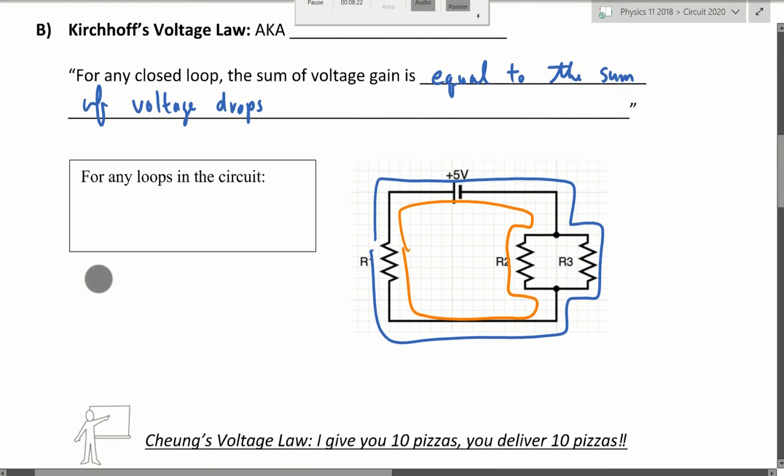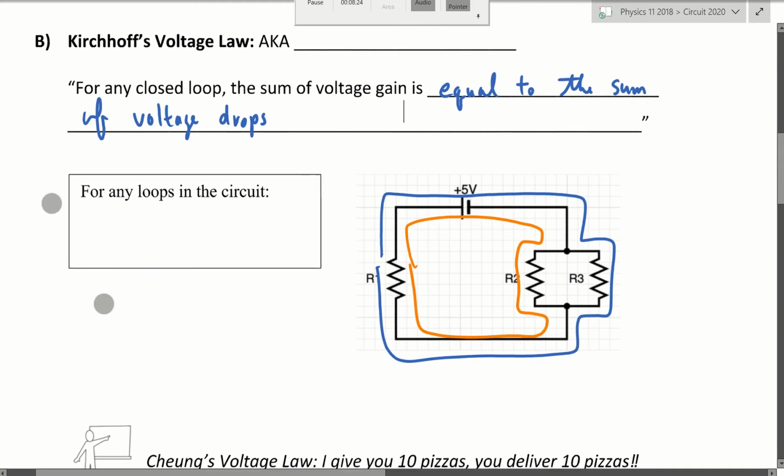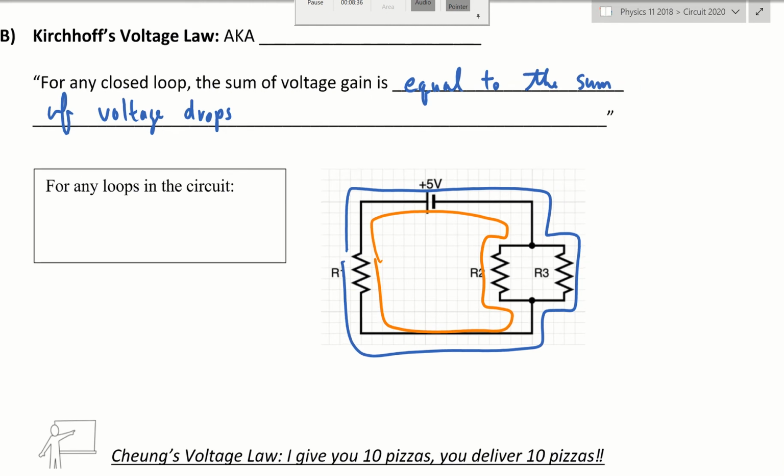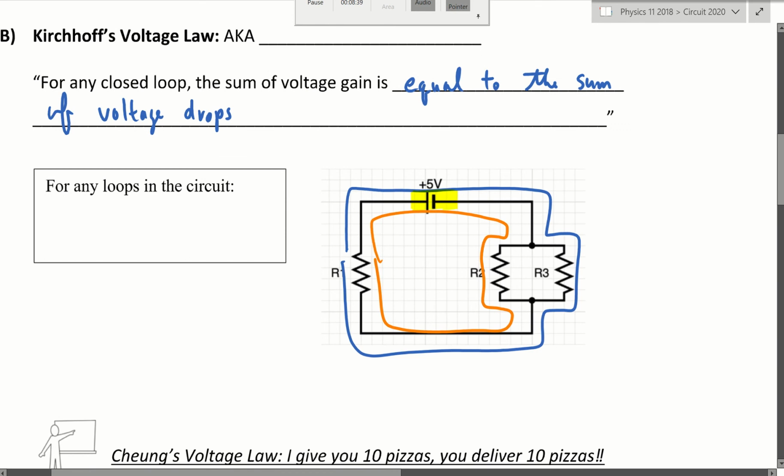So what does that mean? Voltage in our model is pizza, the energy carried by those food carriers, those electrons. So what happens when you go through the battery? When you go through the battery, you pick up voltage. When you go through a battery, you always pick up some kind of energy.